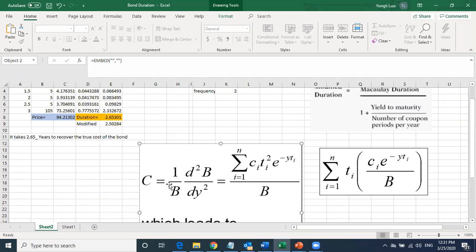So in this case, we need the convexity, taking the second derivative.